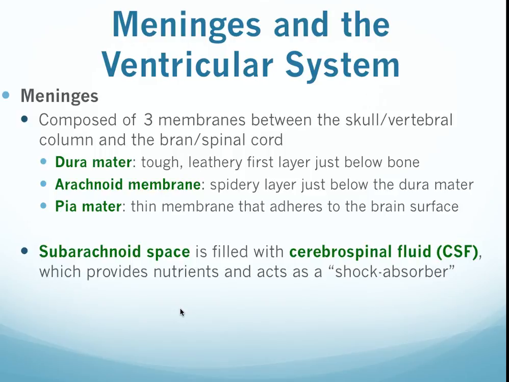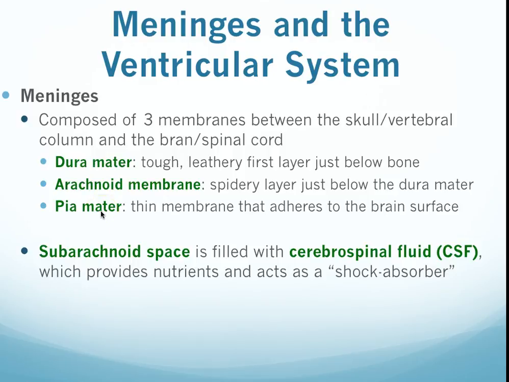So essentially, your brain sits underneath your skull, and your spinal cord sits underneath your vertebral column. So these membranes are sort of in between there. And what they do is some really important things. So you've got three major layers. Now the meninges refer to the collection of all three. So when you hear meninges, we're talking about the dura mater, the arachnoid membrane, and the pia mater. All three of these constitute the meninges, all right?